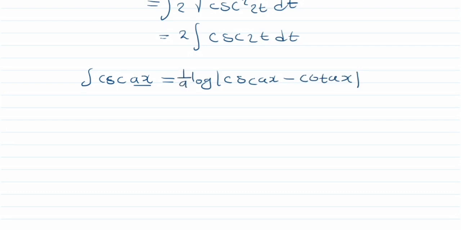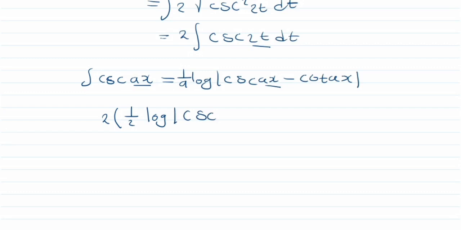So following this standard form, we can integrate our function here, where we can say it's 2 open, the derivative of 2t with respect to t is giving us 2, so it will be 1 over 2 log cosec. Then the angle here is not ax, it's 2t.